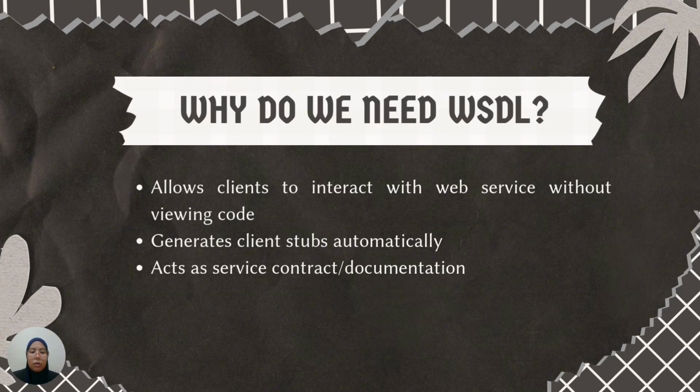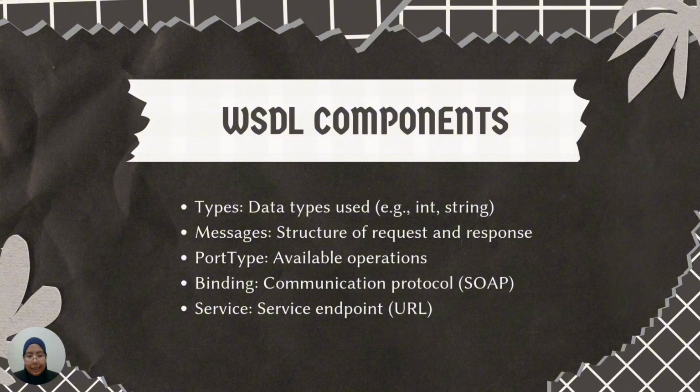The WSDL components are types, message, port type, binding, and service. Types are the data types used, for example integer, string, float, and others. Message is the structure of a request and response.